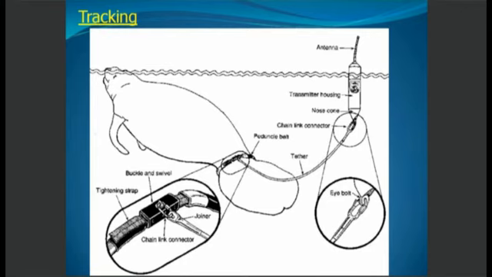Tags are very expensive. I've forgotten the price. Very expensive. And imagine you lose the tag. It means it costs a lot of money. And again, as I mentioned, in our system, it gives away the animal.